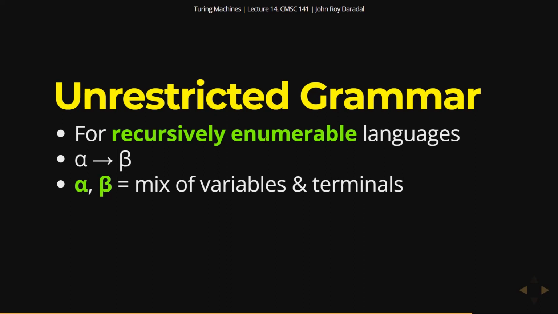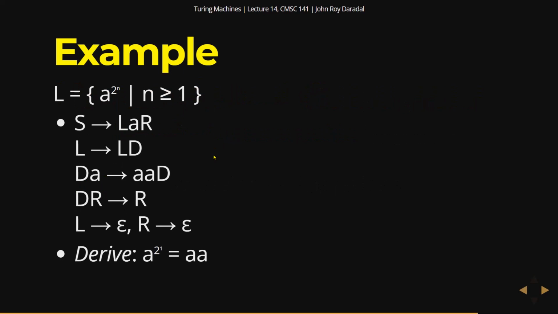Whereas in CFGs you only had a variable on the left-hand side, here in unrestricted grammar you could have a mix of variables and terminals as well, for as long as the left-hand side is not epsilon. The right-hand side could be epsilon, but not the left-hand side.